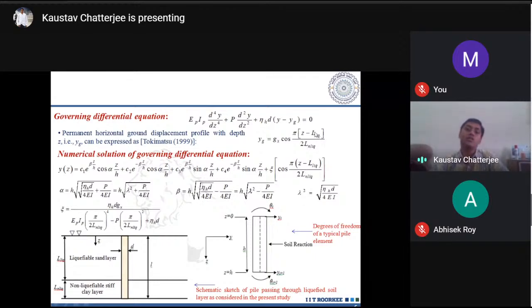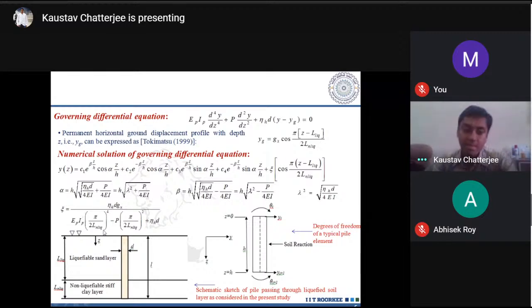Now, if I solve this governing differential equation using any of the numerical methods, you will have this particular solution where alpha and beta are given by these particular terms, lambda squared is given by this term, and zeta is given by this term.